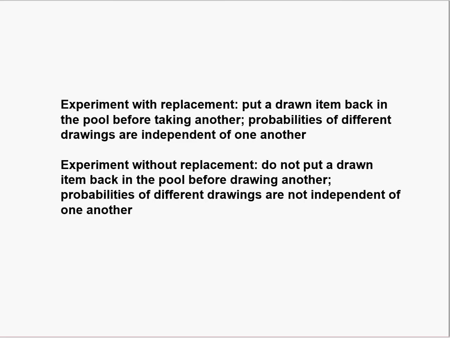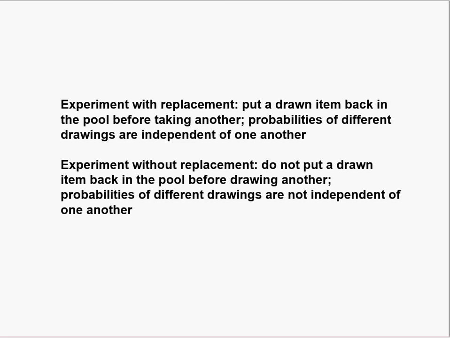After you see what you get the first time, before you draw another card from the deck, you place the card you drew back into the pool and draw another card. This kind of experiment is called an experiment with replacement, or sampling with replacement.